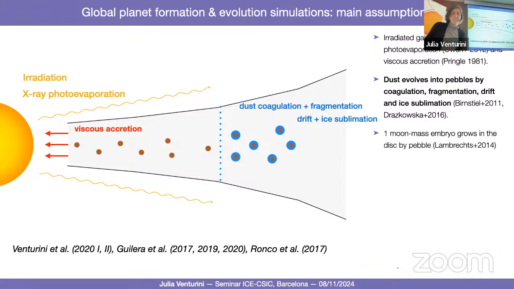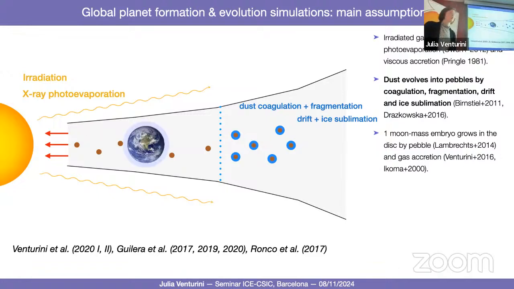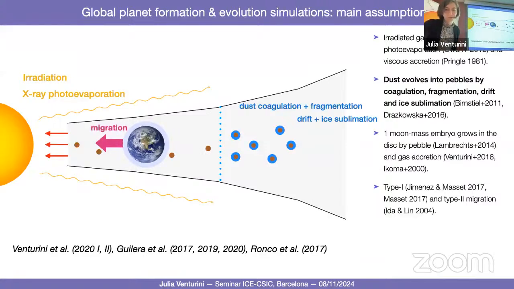So if we have a moon-mass embryo growing in that environment, it will grow by intercepting these pebbles that are drifting towards the star. It will also grow by accreting gas from the disk. So eventually we have a protoplanet with an atmosphere, and it will also undergo migration, which is included in the model.